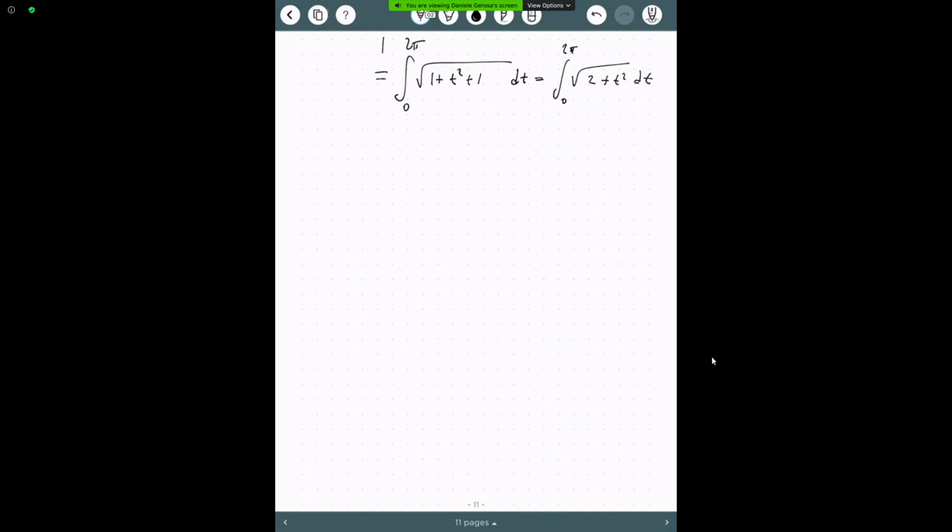One choice that would be quite simple is a change of variables, using the so-called hyperbolic functions. So choice number one, use hyperbolic functions.